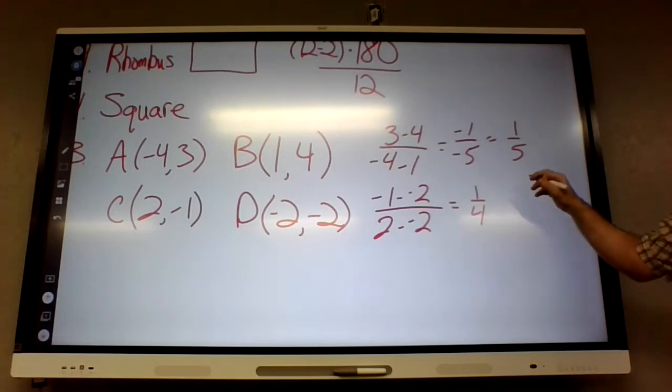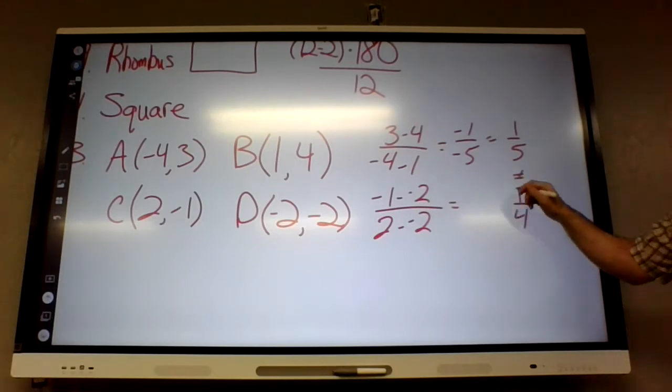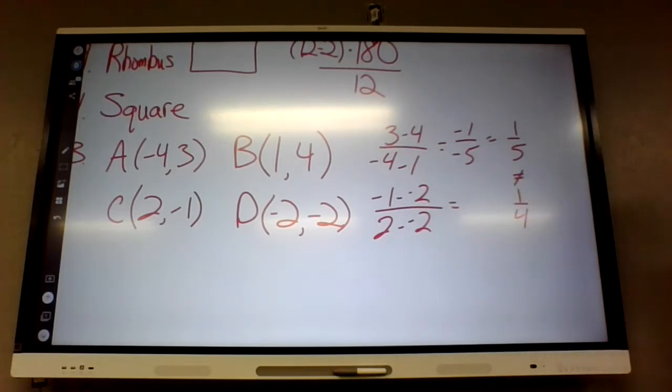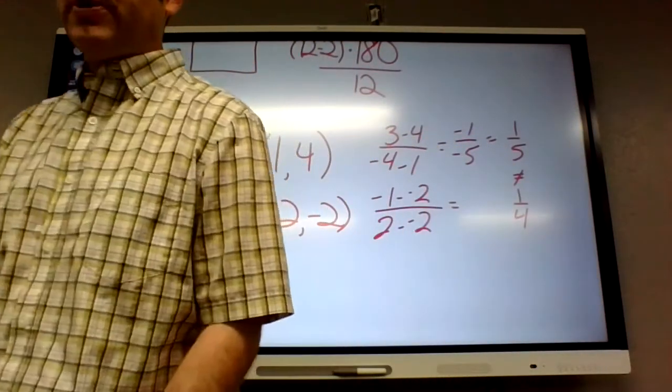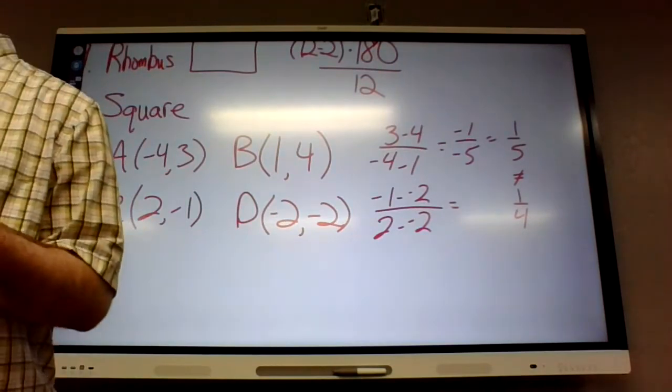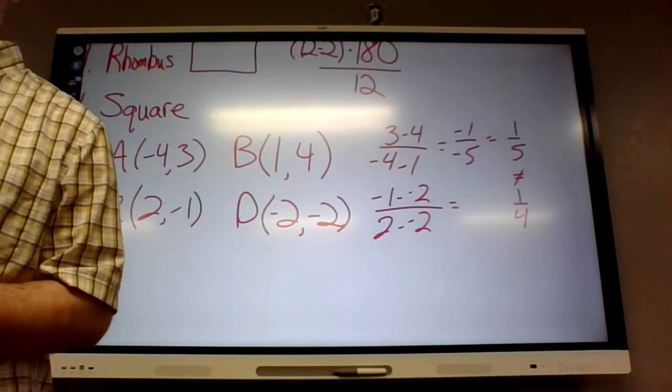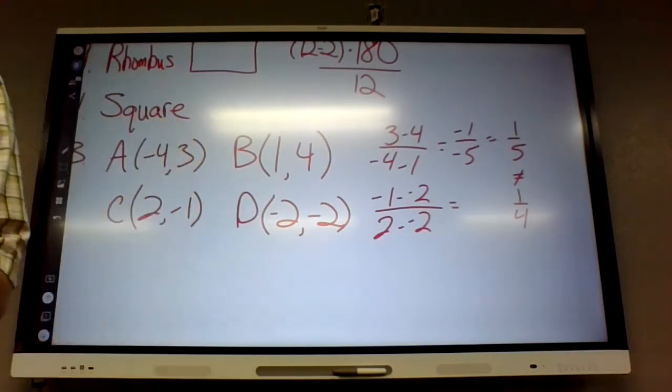So yeah, we're supposed to show they're not equal. If it's not a parallelogram, it can't be a rectangle. I think they probably actually wanted us to show that the angles were not 90.